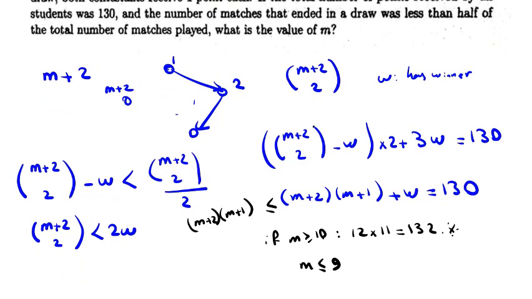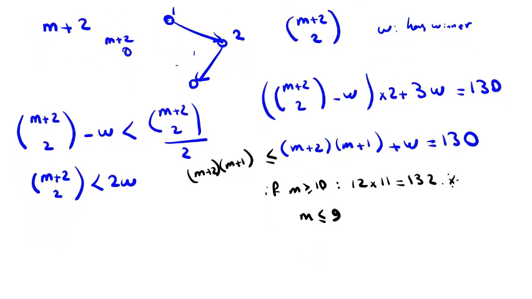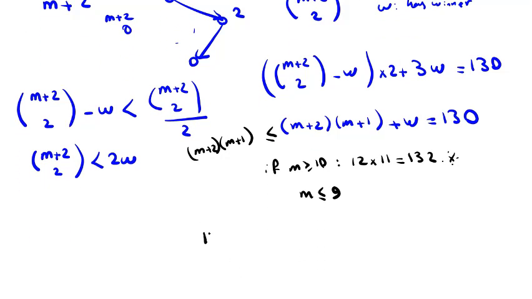Also, we can say 130 is at most, if all of the games have a winner, 3 times M plus 2 choose 2, because if a game ended in a draw, the total score will be 1 plus 1, 2. So it is maximum 3 times M plus 2 choose 2.